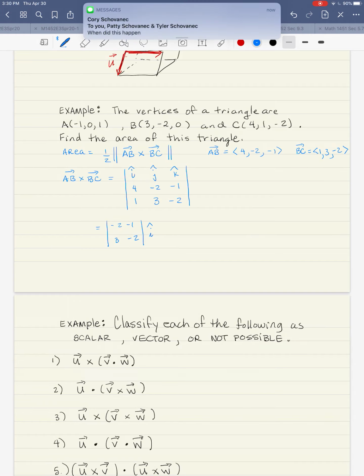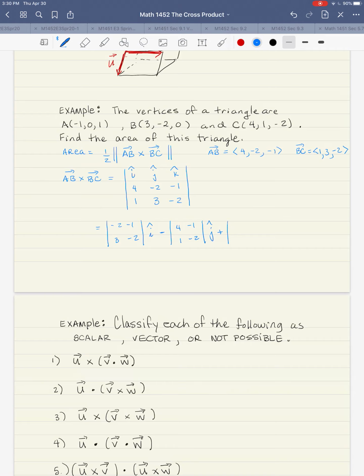So, as the 2 by 2's, it would look like negative 2, 3, negative 1, negative 2, I, minus, let's see, for J we'd have 4, 1, negative 1, negative 2, J, plus 4, negative 2, 1, 3, K.